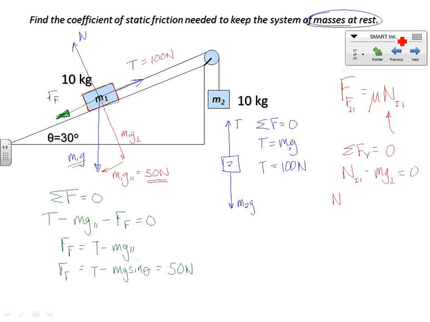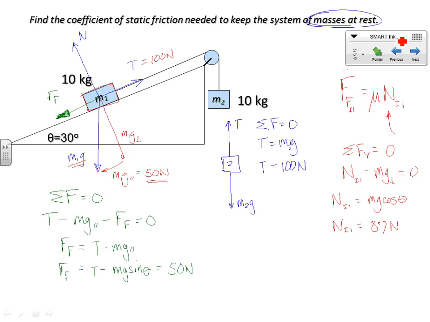Or n, incline on 1, is mg cosine theta. I believe that's about 87. I think the cosine of 60 is 0.866. I mean cosine of 30. Yeah, 0.866. So we'll call that 87. Again, using G is 10 here.